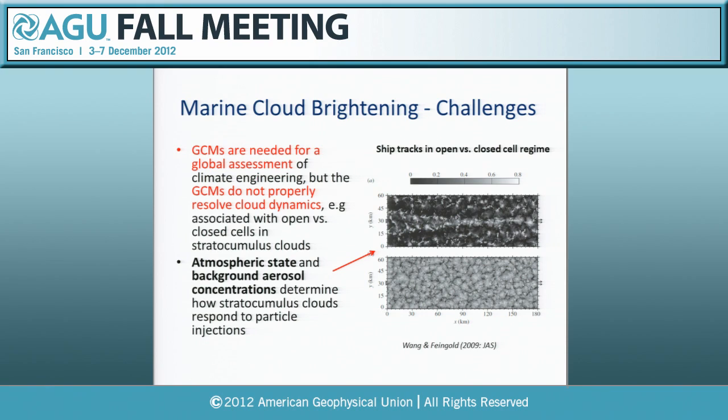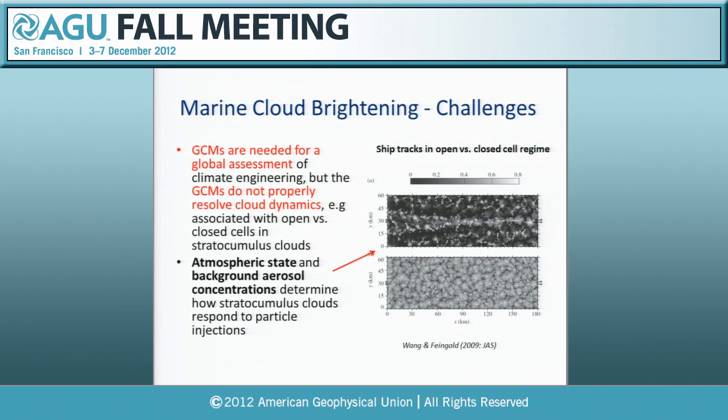We also know from LES simulations that what we're seeing in the climate models may not necessarily be correct, because this is running with a model that has horizontal grid spacing of 300 meters, which is 3 orders of magnitude finer than the climate models. Here we're seeing structures that we don't resolve in the climate models. This is simulating ship tracks.